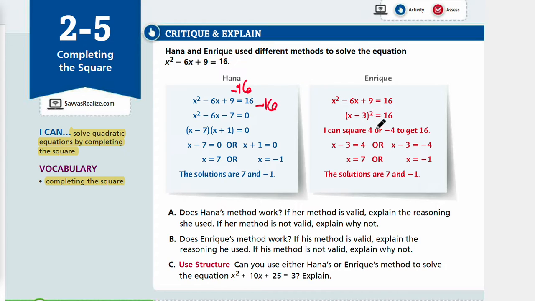Because it's squared. So he also set up two different equations, but not set to 0. And he still gets the same answer, 7 and negative 1.